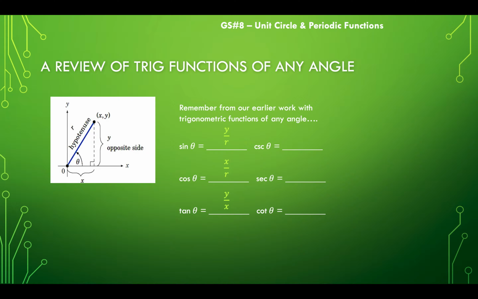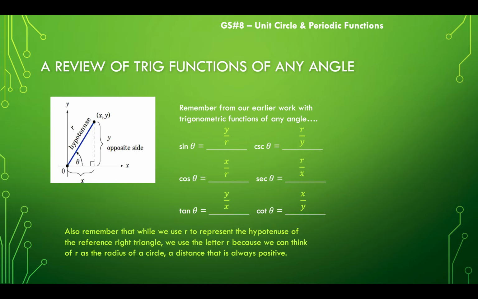And then the three reciprocal functions. Cosecant of theta is the reciprocal of sine of theta, which is r over y. Secant of theta is the reciprocal of cosine of theta, which is r over x. And cotangent of theta is the reciprocal of the tangent of theta, which is x over y.